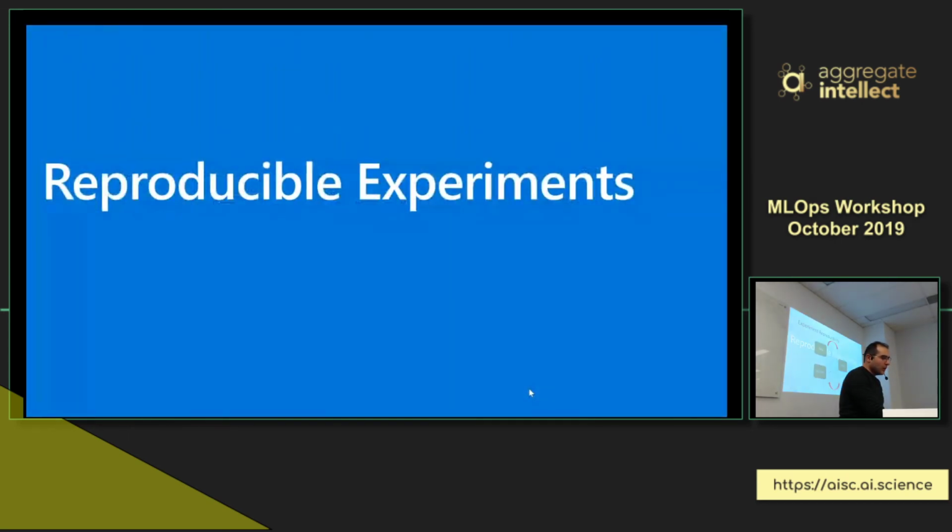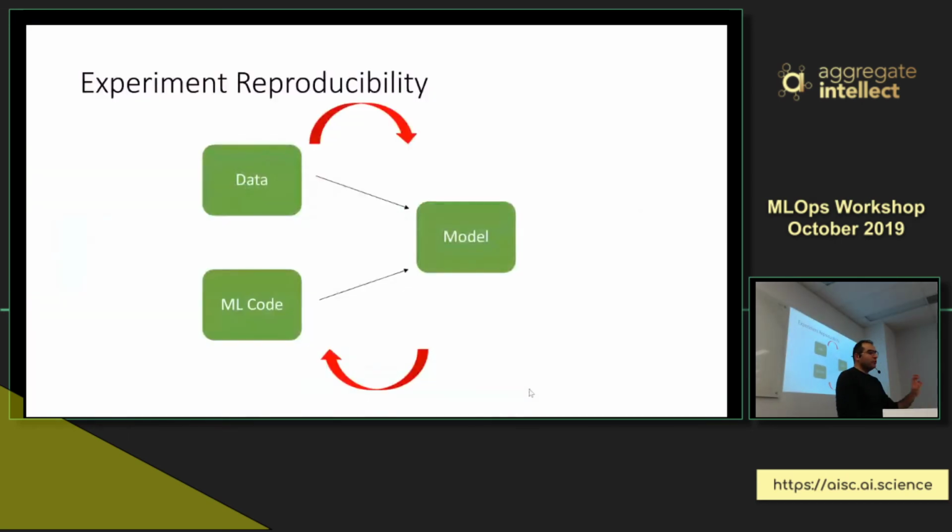All right. So again, going back to reproducible experimentation. An experiment has a couple of things which are unique to machine learning problems. One of the concepts is data. The data itself can change over time and can have different versions, which can result in different models. The code itself can change over time.